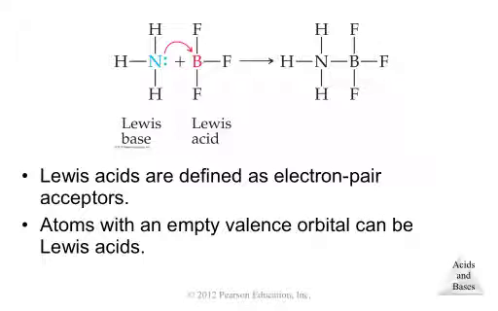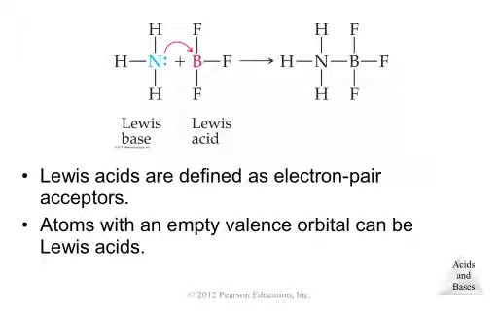And here comes the base, nitrogen. Remember, we've talked about nitrogen being common in bases. Nitrogen has a lone pair. The bond that's formed between the base and the acid actually has a couple of different names. It is called a coordinate covalent bond. And when we talked about those metal ions being surrounded by water molecules, making a complex, in class, that's exactly what we were referring to as well.